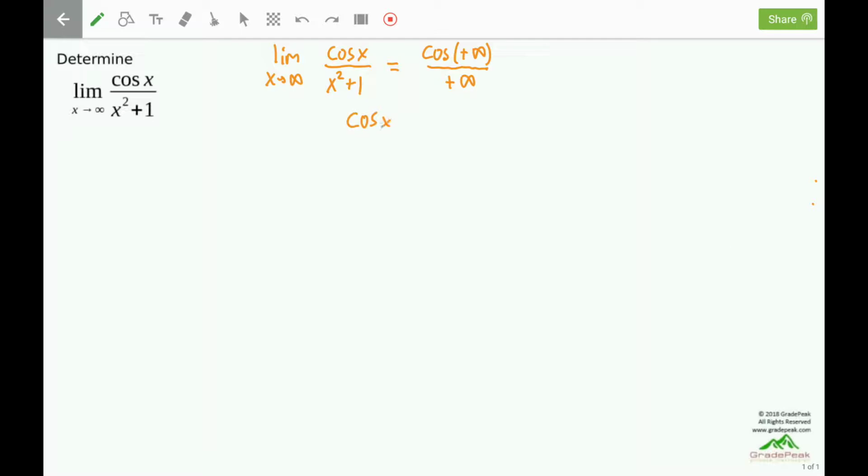Starting with the cosine of x, which sits somewhere between -1 and +1, the function we want to find the limit for is cosine of x divided by x squared plus 1. So we will now divide each of these by x squared plus 1, and the inequality will still hold true.